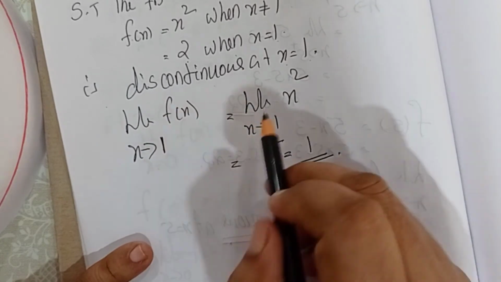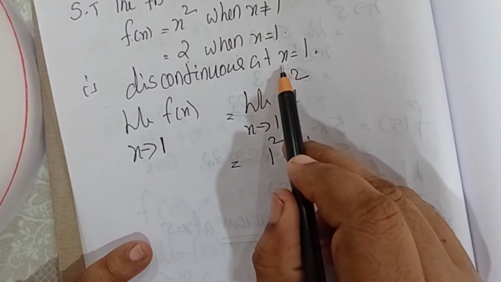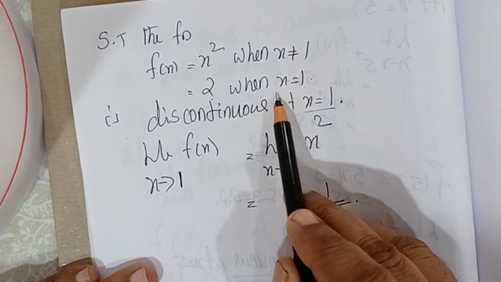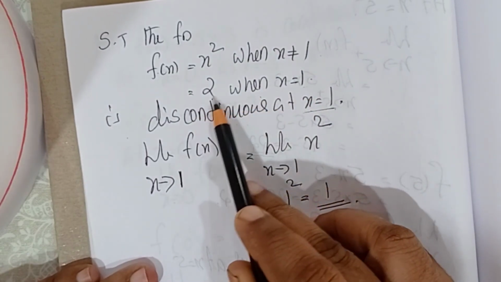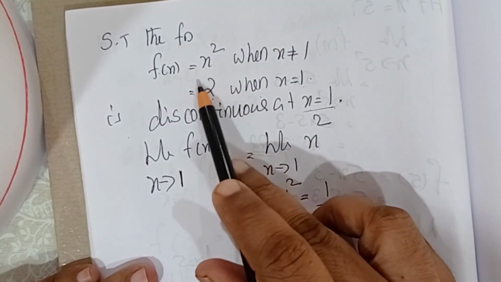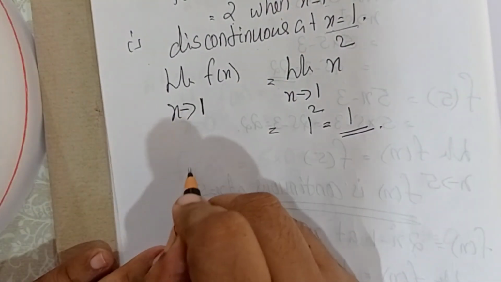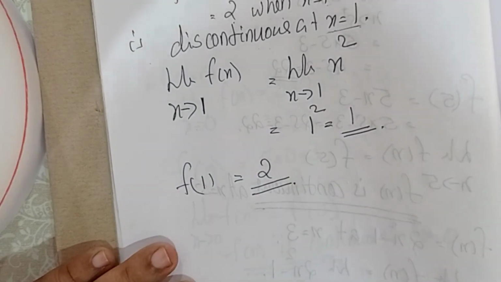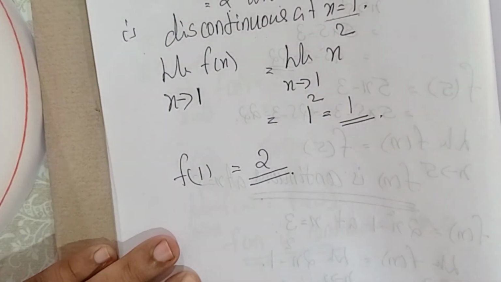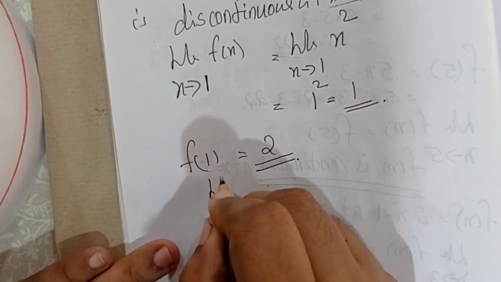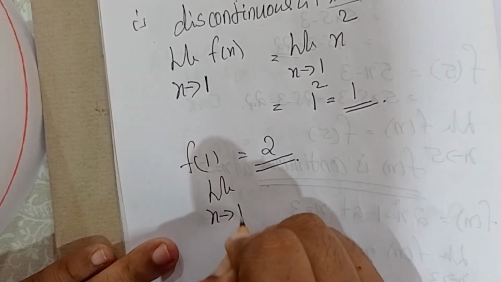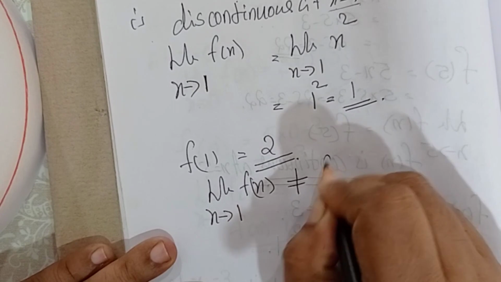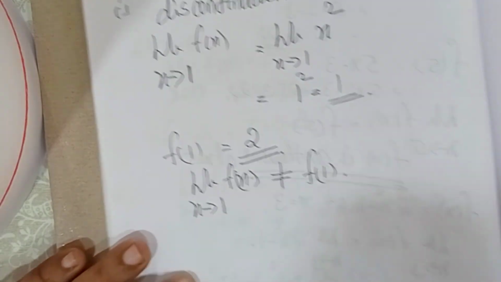Then what is the next part? We find the value of the function at x equal to 1. All of you look at the board. At x equal to 1, the function takes the value 2. Therefore, f of 1 is equal to 2. Then below, limit x tends to 1 f(x) not equal to f of 1.